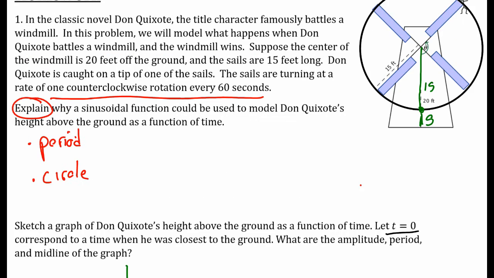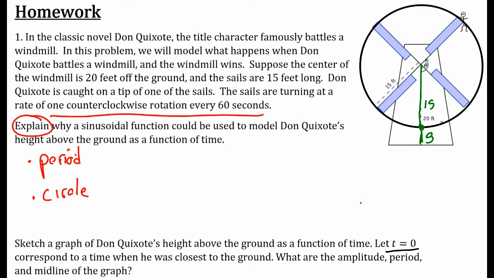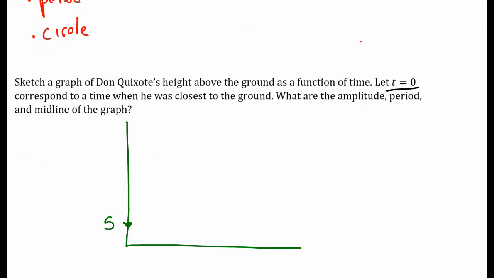Don Quixote then increases, and he keeps increasing all the way until he gets back up to, well, how high is that? This is 15, that's another 15, but I have that initial 5, so the highest Don Quixote could possibly be is 35 feet off the ground.